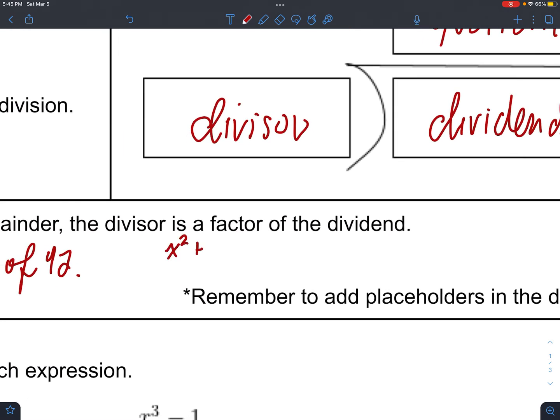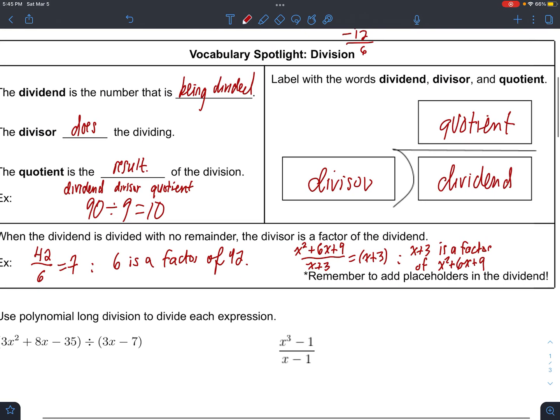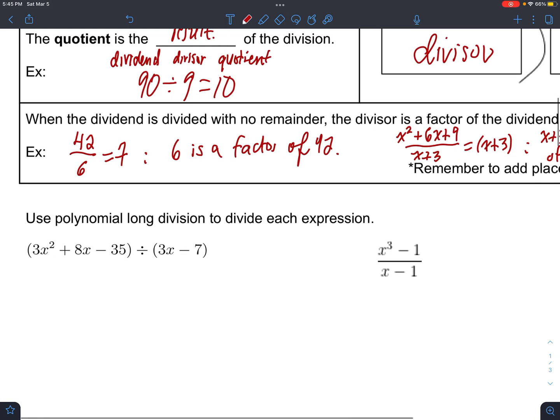And if I give you this, and I tell you that it's equal to this, which it is, that means that when someone divides the dividend evenly, what you're dividing by, the divisor, x plus 3, is a factor of what you divided. It works the same with numbers, right? Those are 2 examples I just wrote. One of them with numbers, and one of them with polynomials.